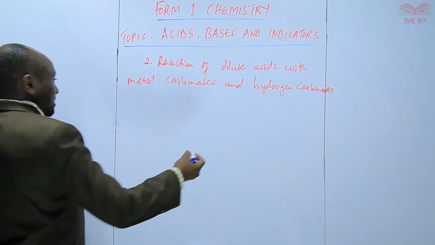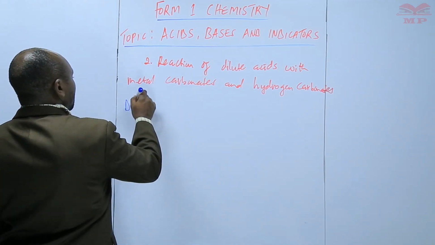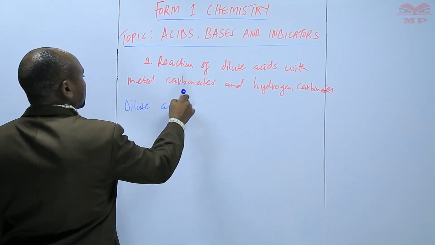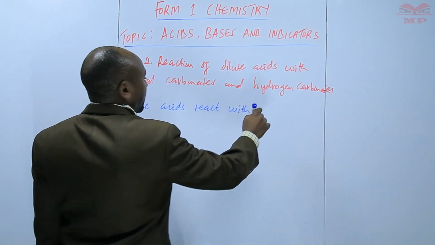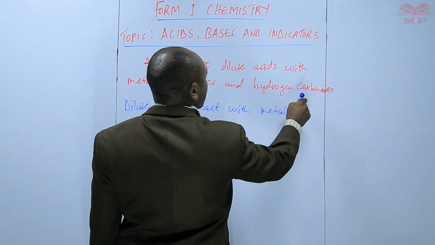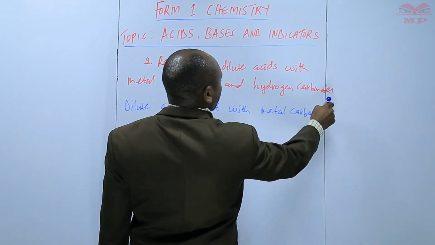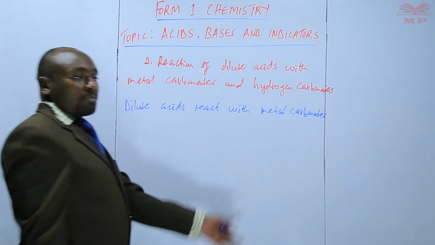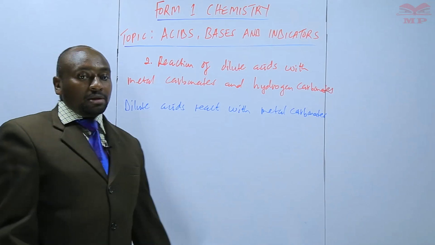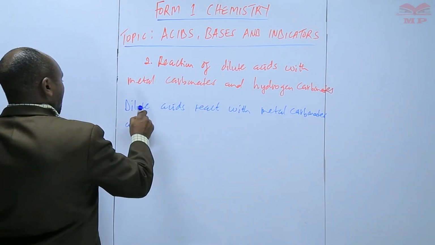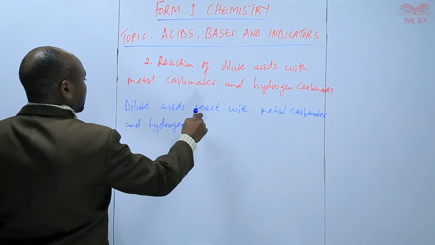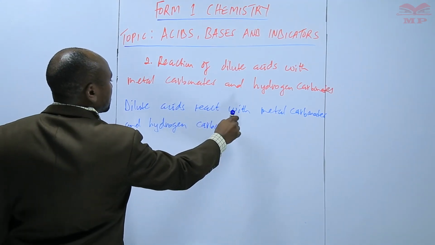First of all, we can say that dilute acids react with metal carbonates, such as sodium carbonate, calcium carbonate, zinc carbonate, etc., and hydrogen carbonates.